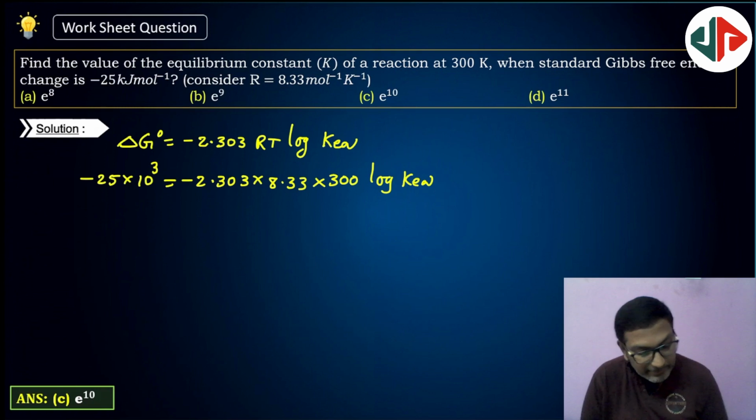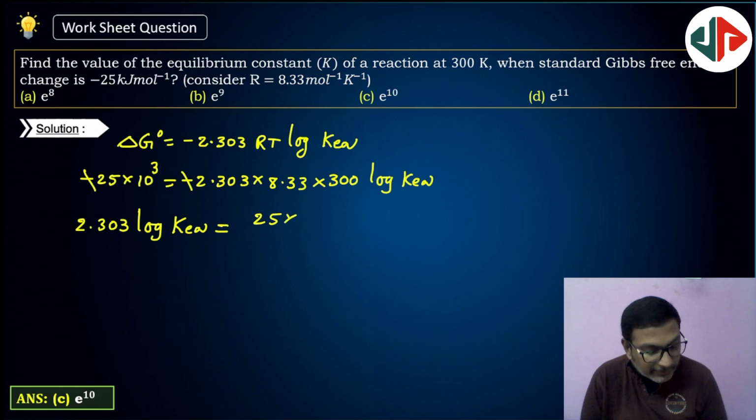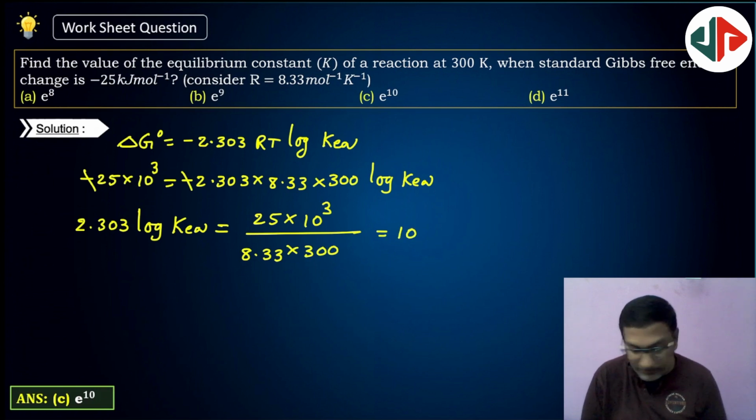So from this, minus minus cancel, 2.303 log K equilibrium equal to 25 into 10 cube by 8.33 into 300, which is equal to 10 value.